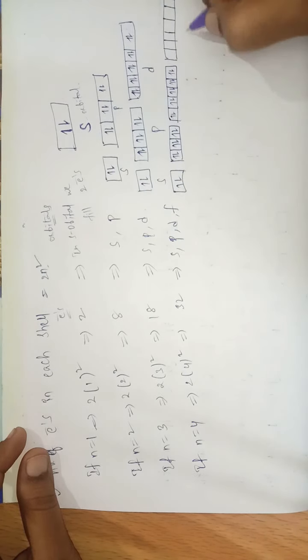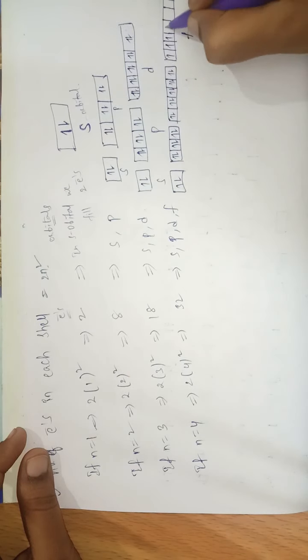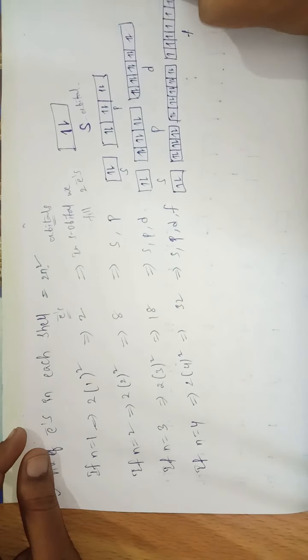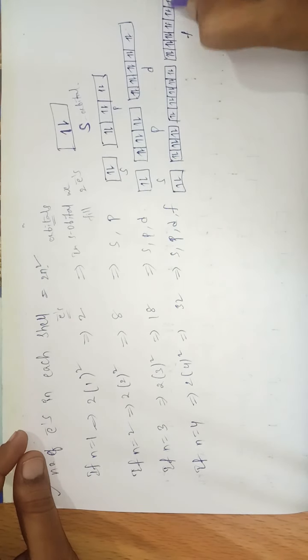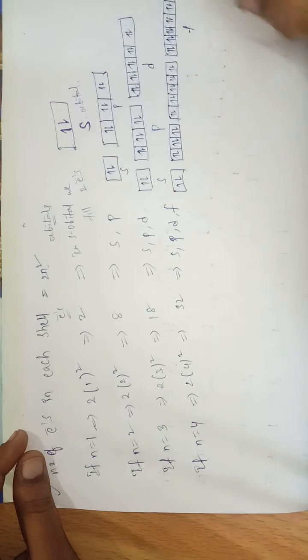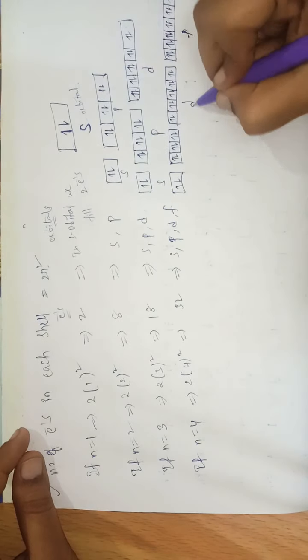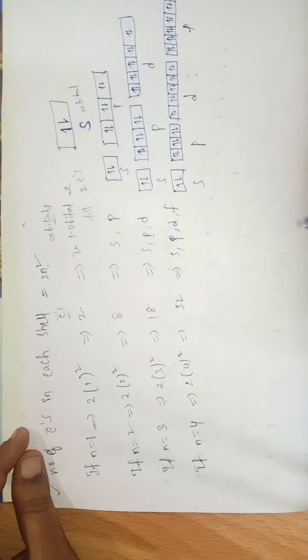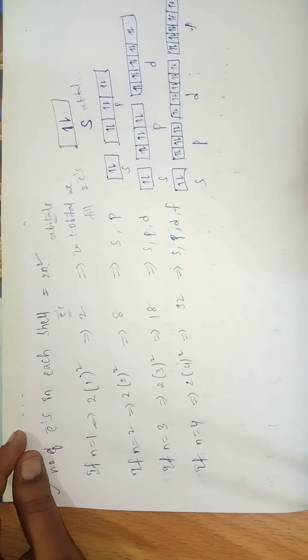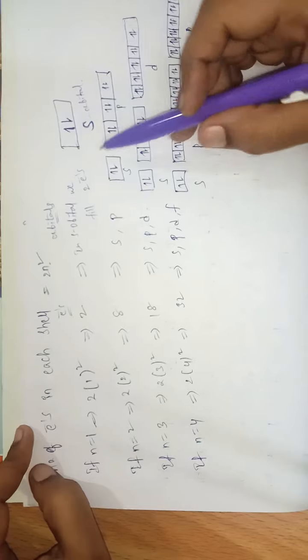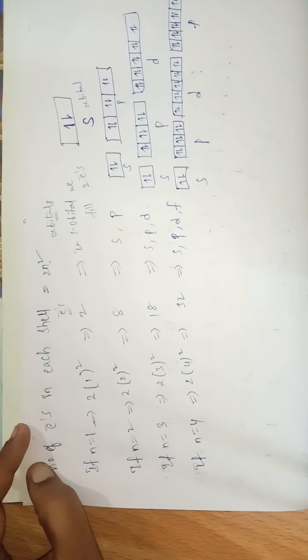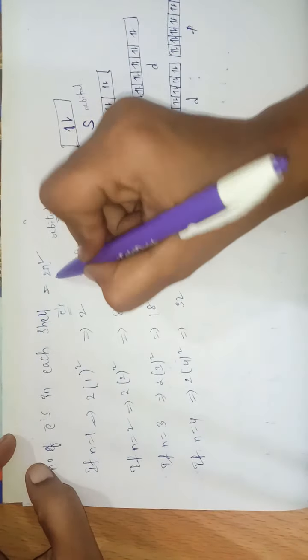The f orbital we have to fill like this, later this. This is the f orbital, then d, p and s orbitals. Like this we can fill the electrons in these orbitals by using this 2n square formula.